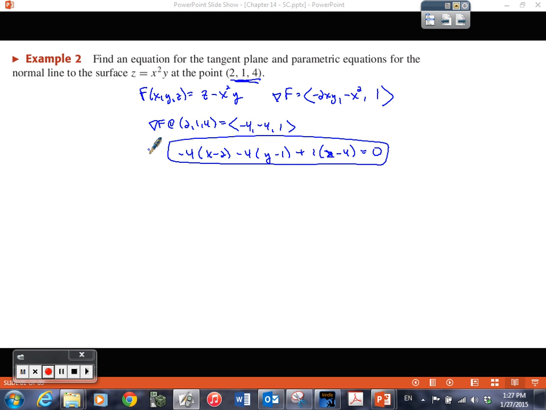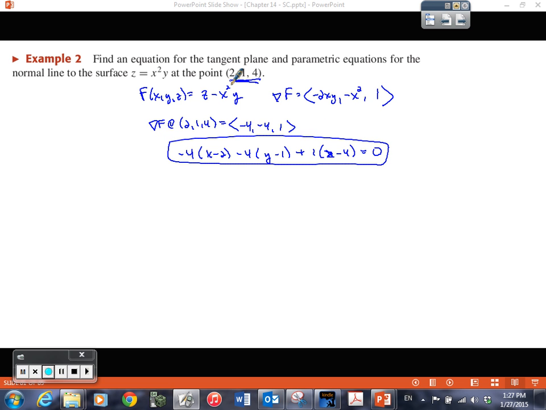So just like we did in the previous example, we're going to write parametric equations for a normal line to the surface. So here's our normal vector, and here's our point.